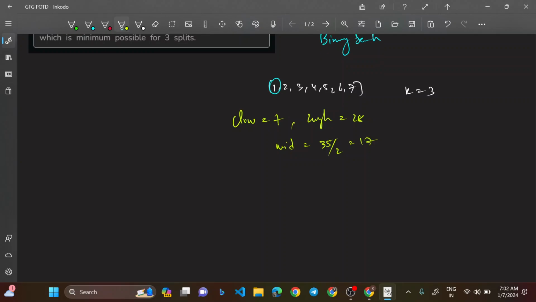Now what is the thing that you're trying to do? If you're able to split this particular array into k or fewer than k subarrays, such that the maximum possible sum is 17, then you try to split the array so that the maximum attainable sum is 16.